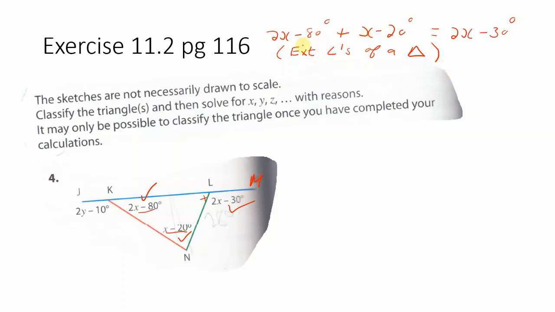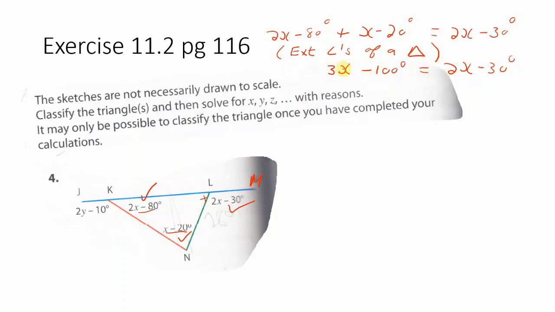So now that I have my statement and I have my reason, I can solve this equation. I know I want the x's together. So let's simplify. On the left we have 2 x's, we get another x, so we have 3 x's on the left. Let's look at the numbers. We owe 80, we owe another 20, we therefore owe 100 degrees. On the right hand side we still have 2x minus 30 degrees.